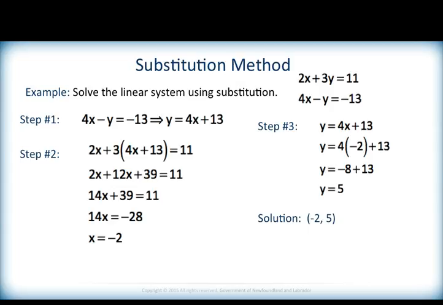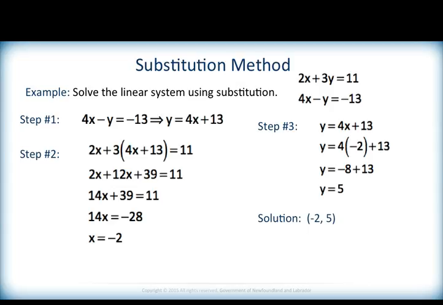So the substitution method, step 1, would be to choose an equation and rearrange it for that coefficient where it is 1. Step 2, you're going to substitute that equation of that single variable of y into the second equation. So you're going to use the other equation, not the one that you already rearranged for, because if not, you will get no answer at all, as it will be inconclusive.